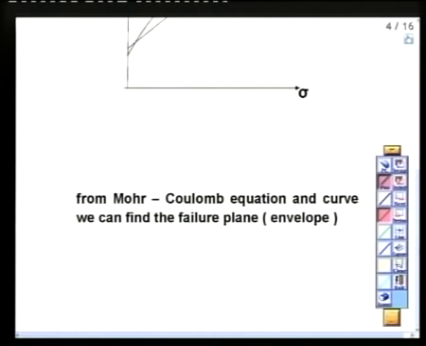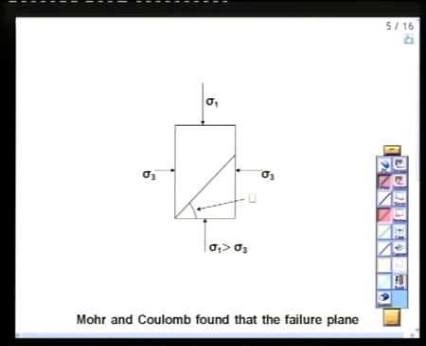So this is important. From the Mohr Coulomb equation and curve, we can find the failure plane, which is the failure envelope. Now, you remember that this is the failure envelope, right? When it is like this, then the soil will break like this. When it is like this, then the soil will break like this.